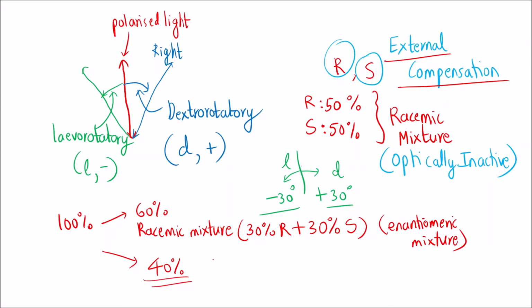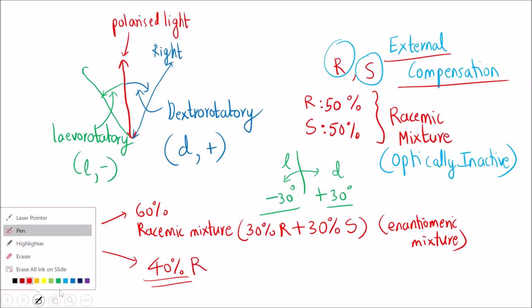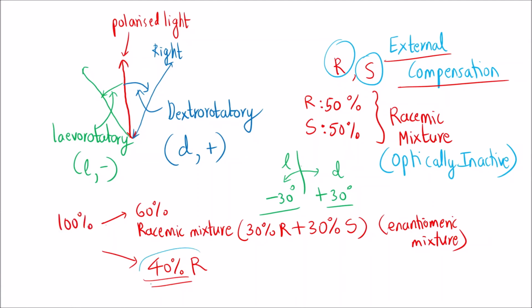One particular enantiomer, let's say 40% is R. So this excess 40% apart from the racemic mixture is called enantiomeric excess.